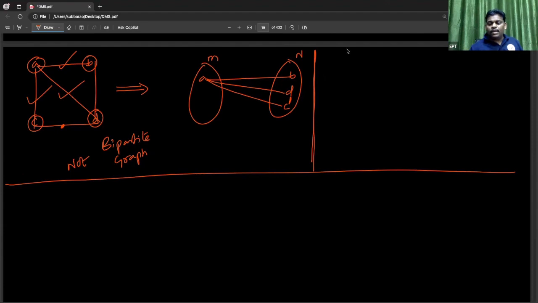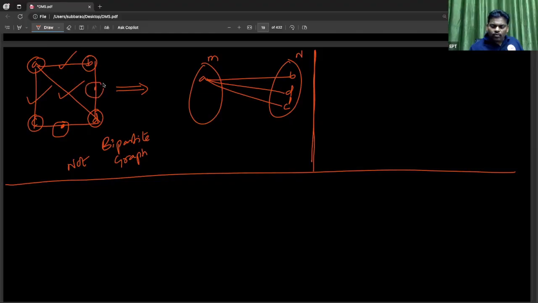If anyone says, sir, now I can divide, I can simply say the given graph is not a bipartite graph because some edges are missing. If I want to keep those edges also, the bipartite graph definition fails. How can you keep an edge within the n? An edge is always from m to n. Whatever I kept is m to n only, but what about the remaining edges? You have to cover every edge, remember.